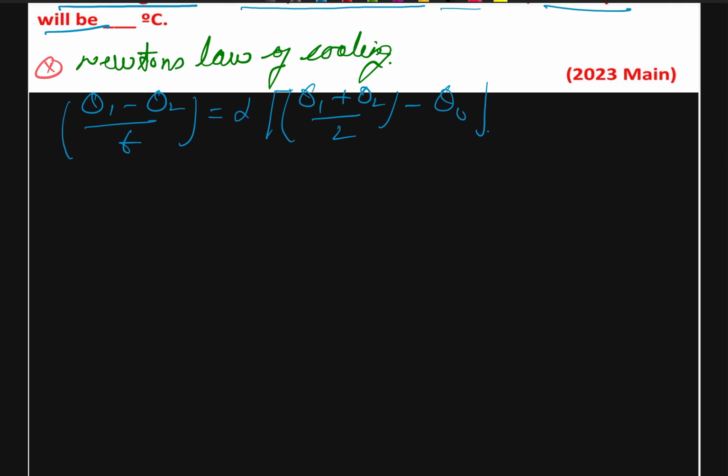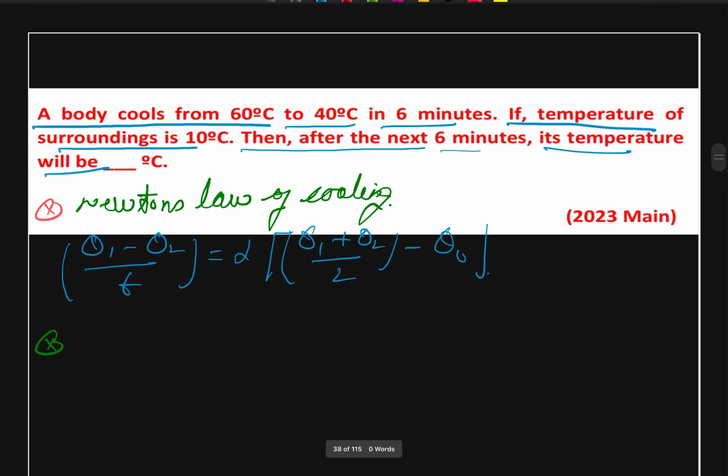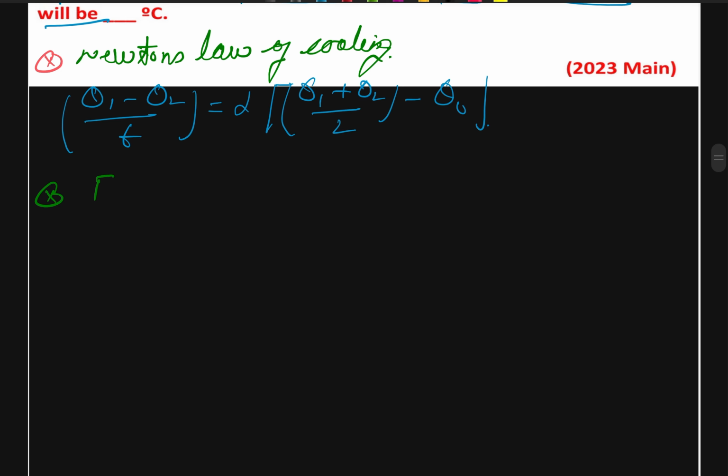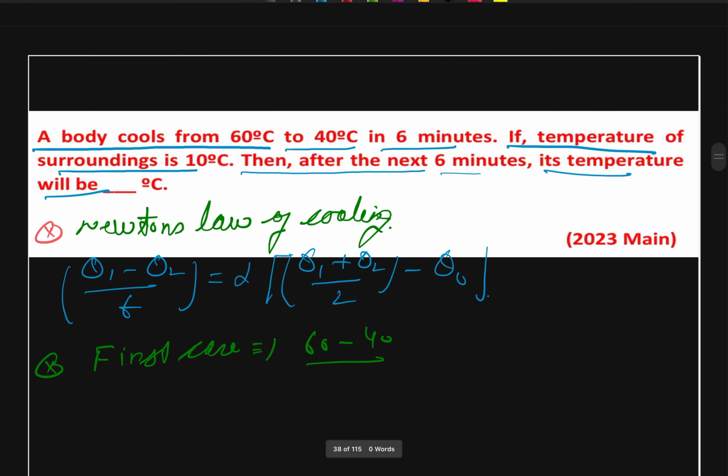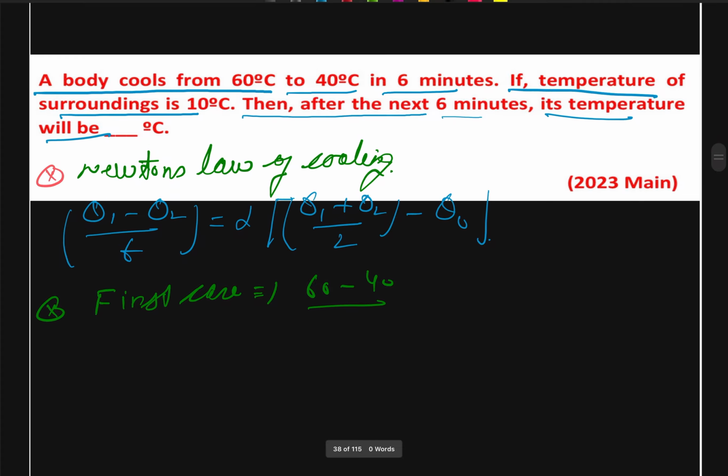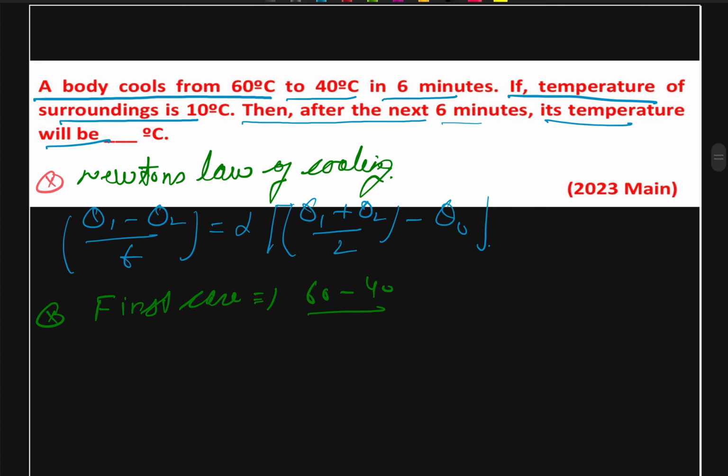And we can divide this according to the question. So for our first case, we can write this as 60 minus 40, time is given as 6 minutes.